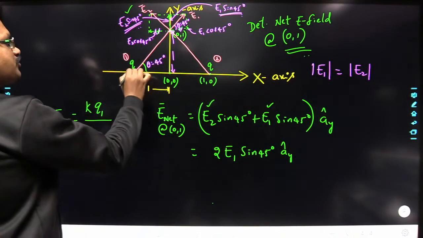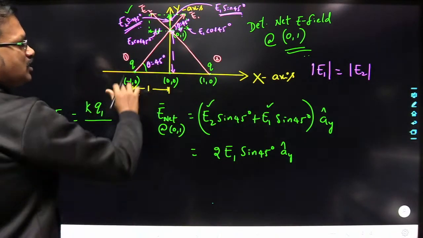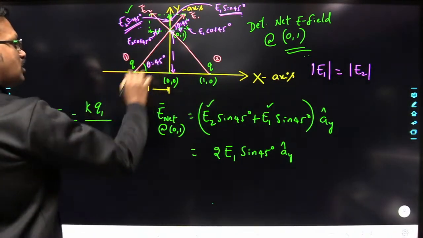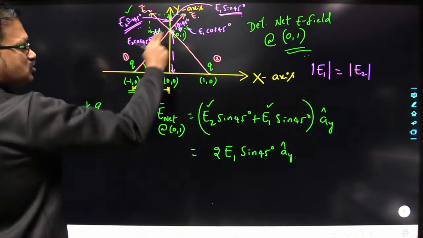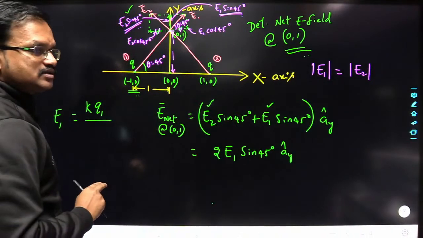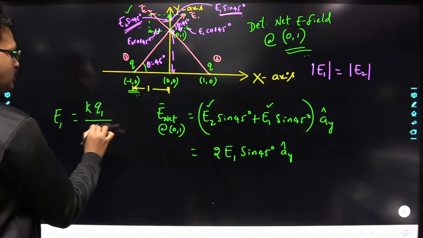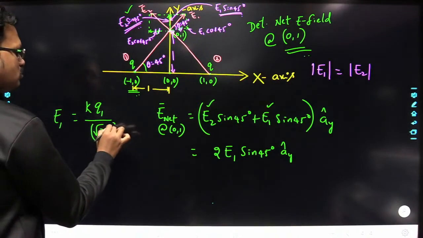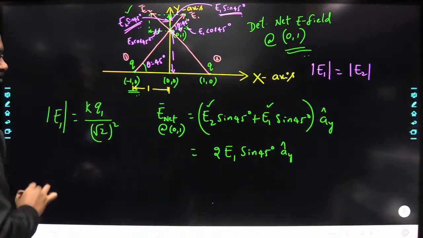So what is the distance from (-1, 0) to (0, 1)? Root 2, yes or no? The distance is nothing but root 2. So you will get K into Q1 by root 2 whole square. So this is the magnitude of E1.